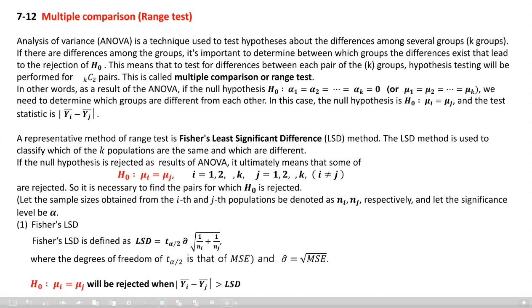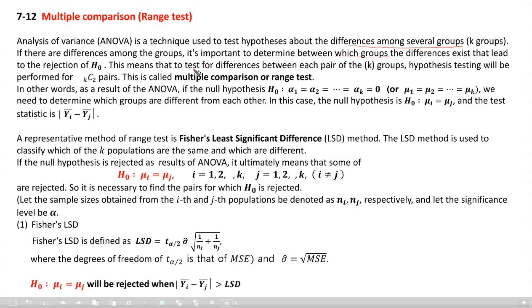ANOVA is a technique used to test hypotheses about differences among several groups, say K groups. If there are differences among the groups, it is important to determine between which groups the difference exists that led to the rejection of H naught, right?